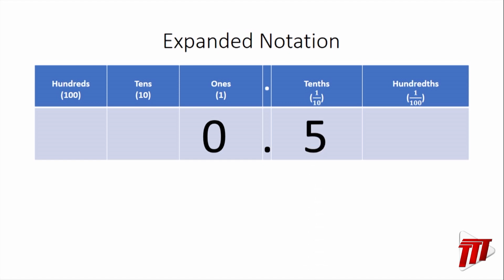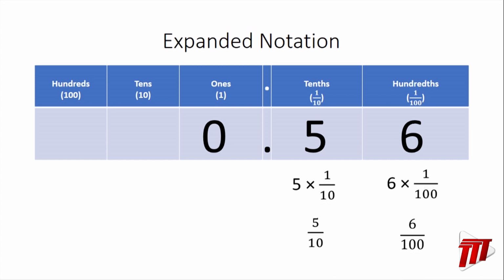We have 5/10 and 6 hundredths. The value of the 5 is not tenths, but rather 5 by 1/10, which gives 5/10. The value of the 6 is not hundredths, but rather 6 multiplied by 1/100, which gives 6 hundredths.